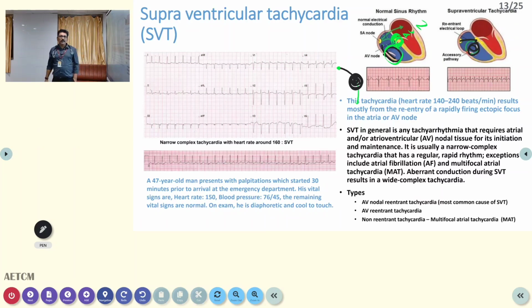So depending on the direction, it can produce abnormalities in the ECG. Whatever it is, most of the time this supraventricular tachycardia is due to re-entry of the current either in the node or from the ventricle to atrium or atrium to ventricle. Both directions it can go. So there are three types: AV nodal re-entrant tachycardia, AV re-entrant tachycardia, and non-re-entrant tachycardia.